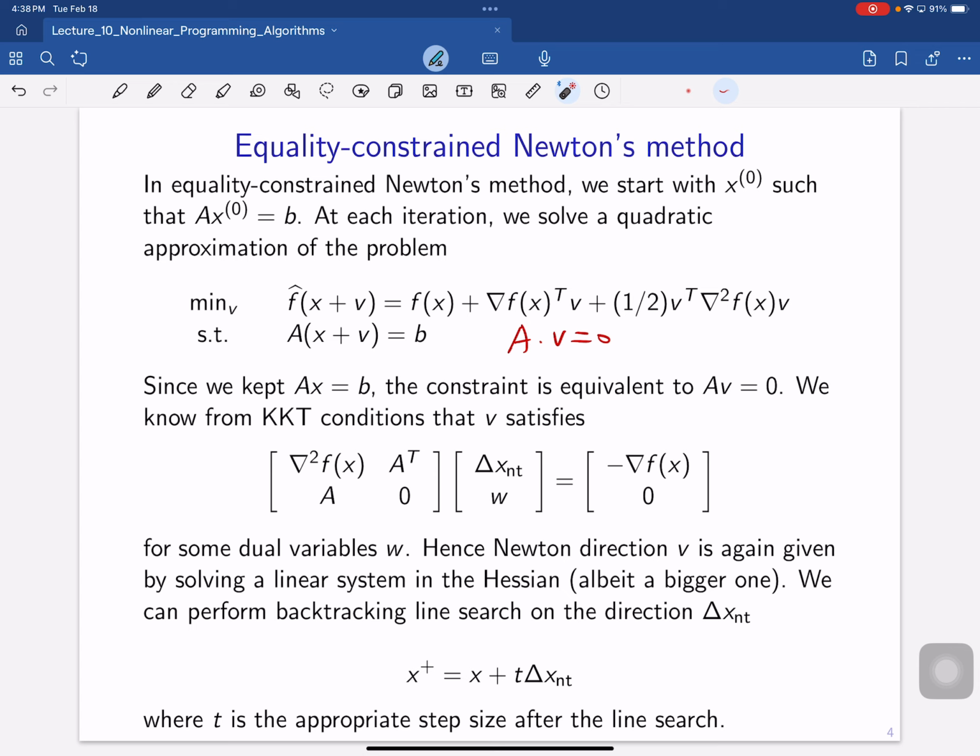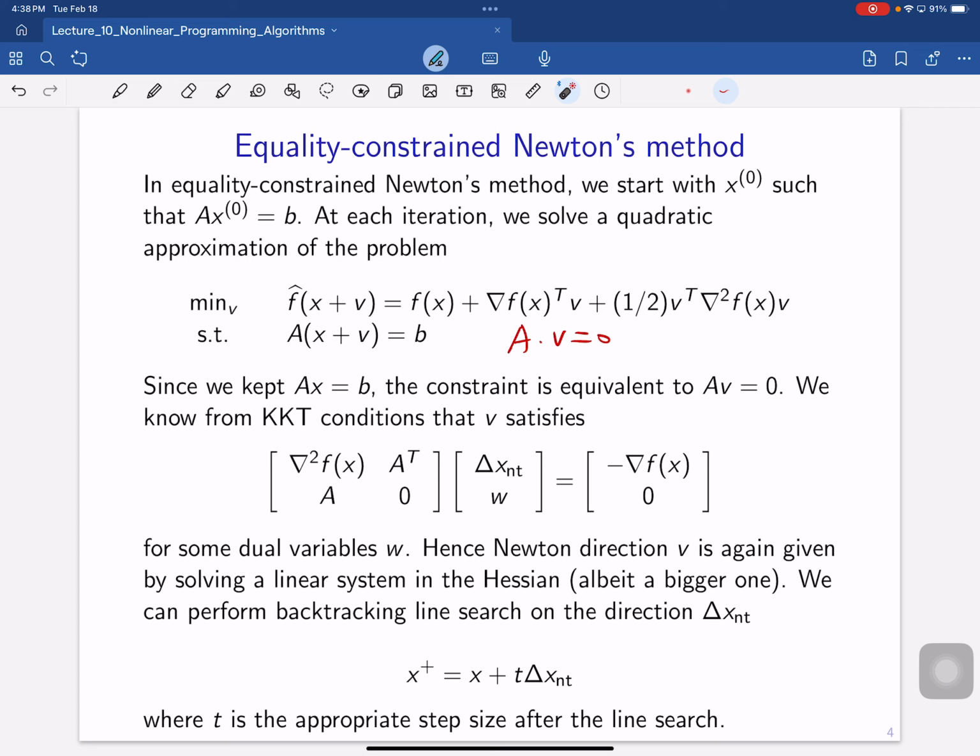Okay, so this is a primal variable, and this W is the dual variable you have. And in total, you have the same number of equations as the number of variables plus constraints. You can just solve a linear system to get a Newton step for this problem. So again, the Newton direction v is solving a linear system in the Hessian.